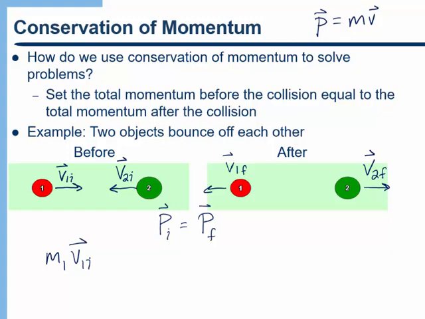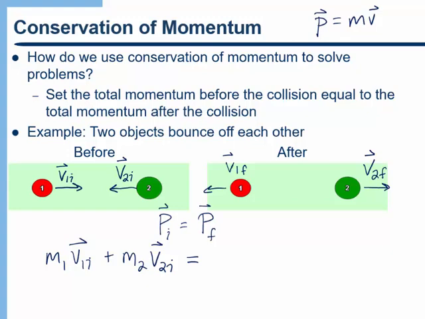Now I want to add the momentum of object 2. That would be m2 v2 initial, again with a vector sign. Notice I didn't put in a minus sign there because I don't actually necessarily even know what direction that object is moving initially. Same thing after the collision.